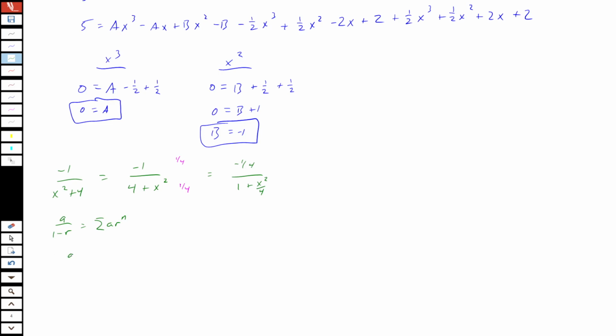So I'm going to pick a to be a negative 4th, and I'm going to pick my r, because I want a minus, right? I'm going to pick this to be a negative x squared over 4. Okay. So this is going to be the sum from 0 to infinity of negative 1/4 times negative x squared over 4 to the n.